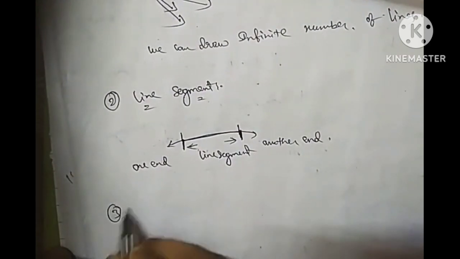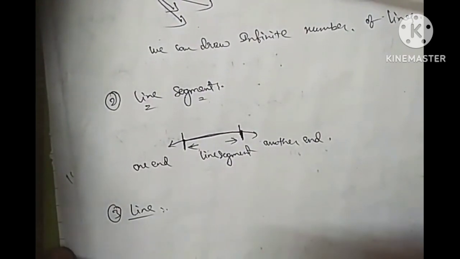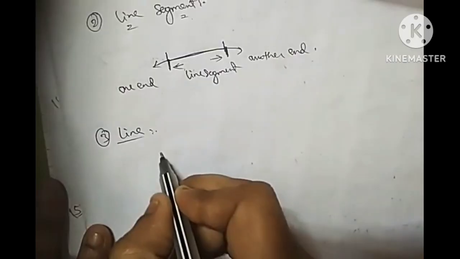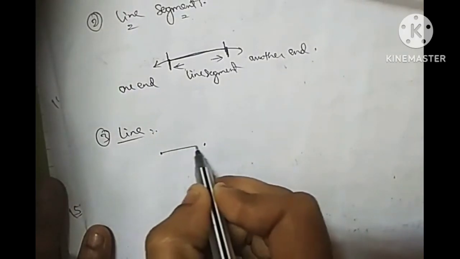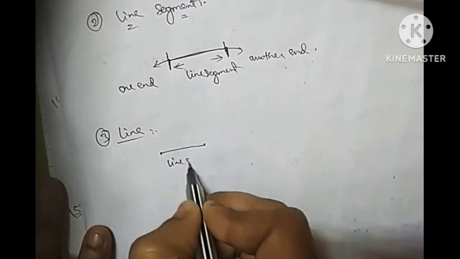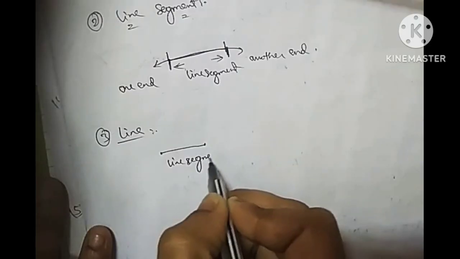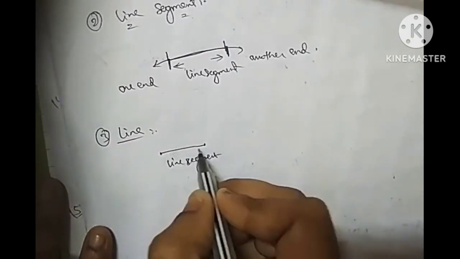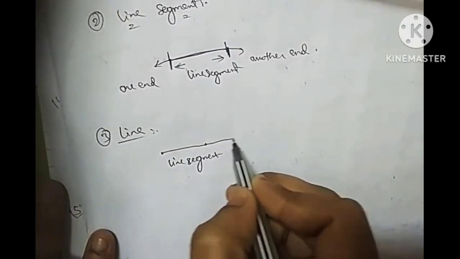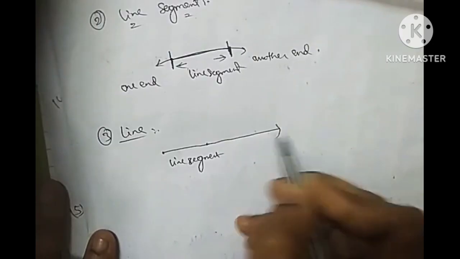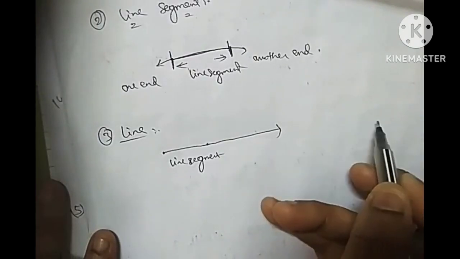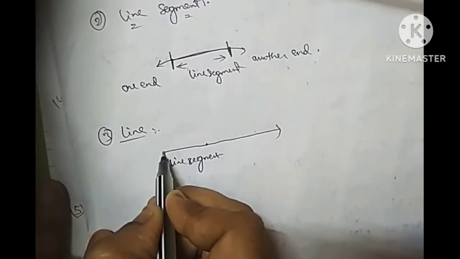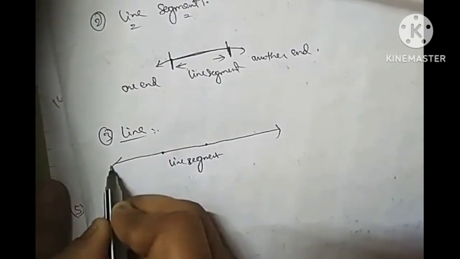See, for example, we have a line segment. This is a line segment because it has two endpoints. If we extend this up to infinity, it does not end, it continues still to infinity. This side also we have to extend up to infinity.